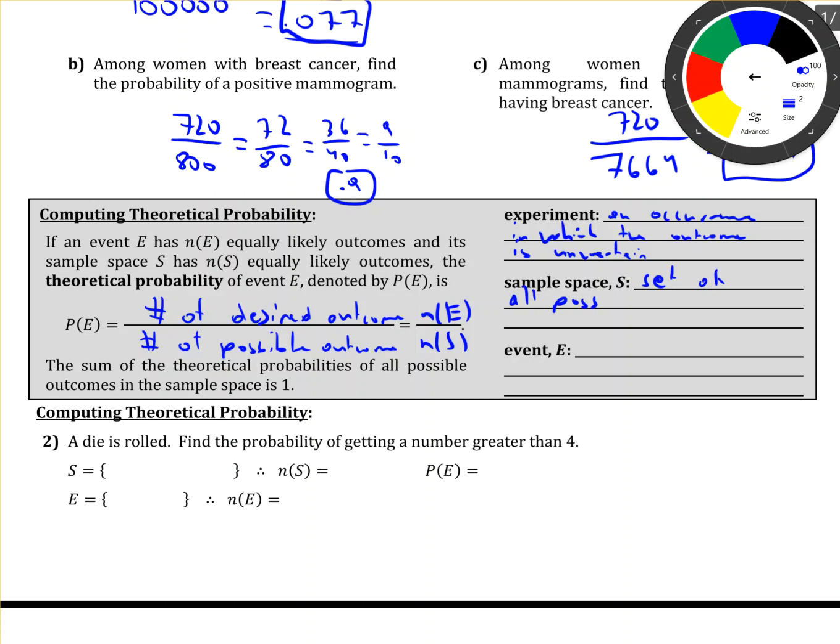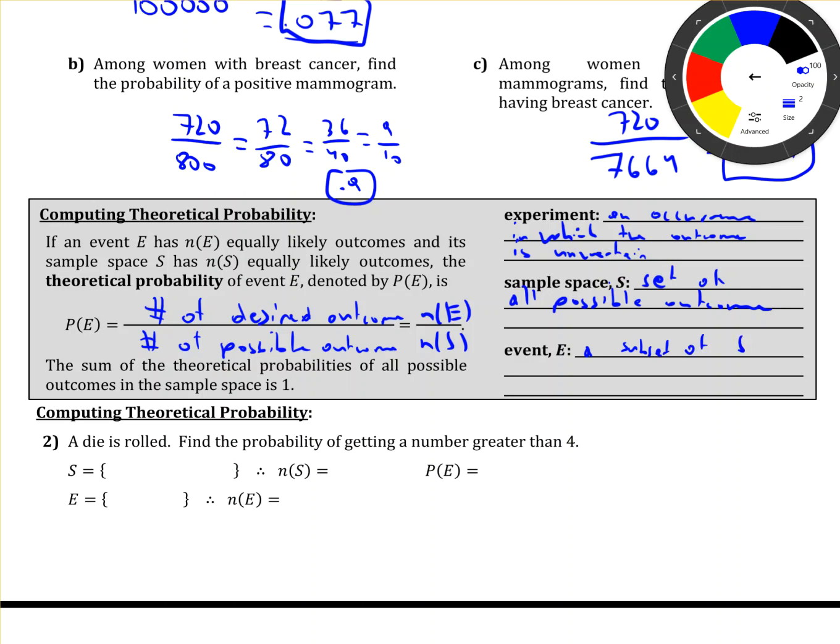So if I'm flipping a coin, the sample space would be heads or tails. And the event E is basically a subset of the sample space. It's what we're checking whether it happens. So a subset of S.